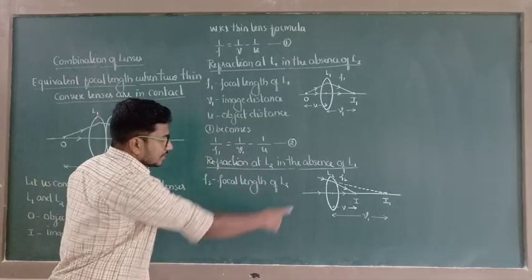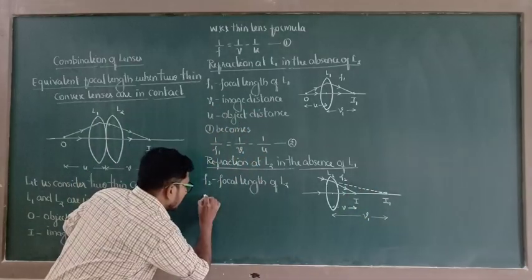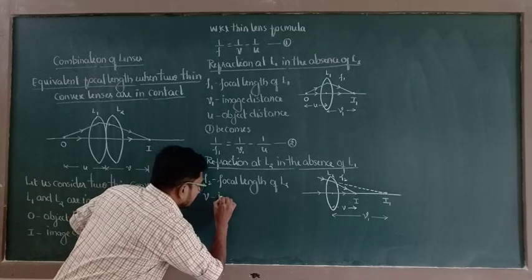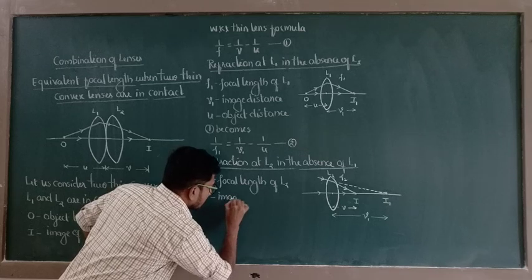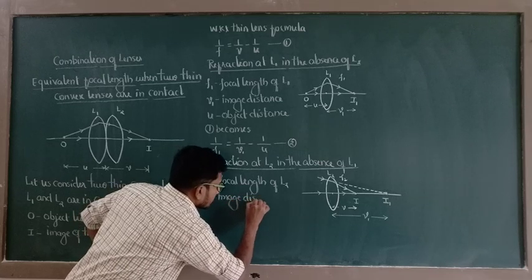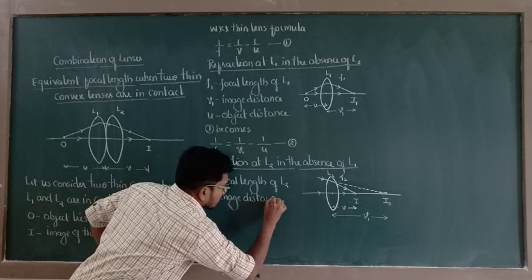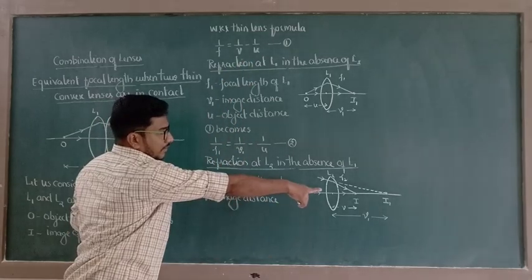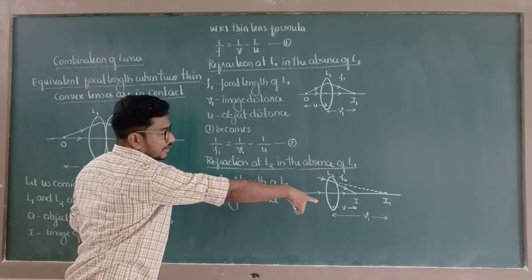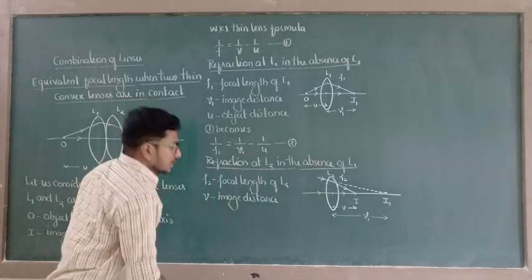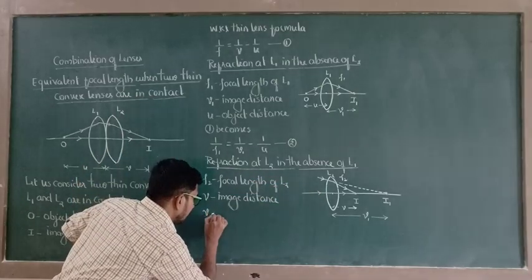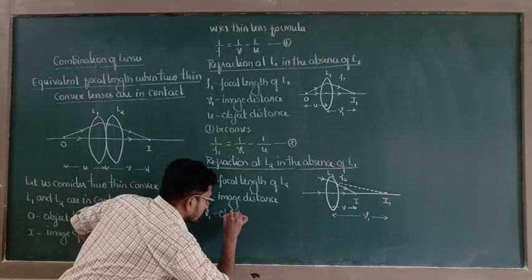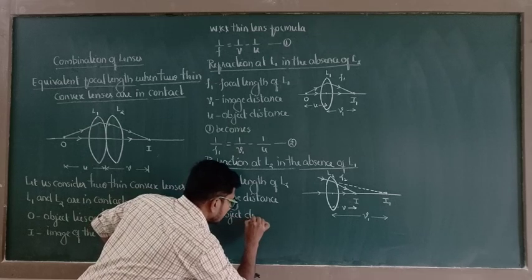Therefore the image distance is V. Next we want the object distance. I1 acts as a virtual object, therefore V1 is the object distance.